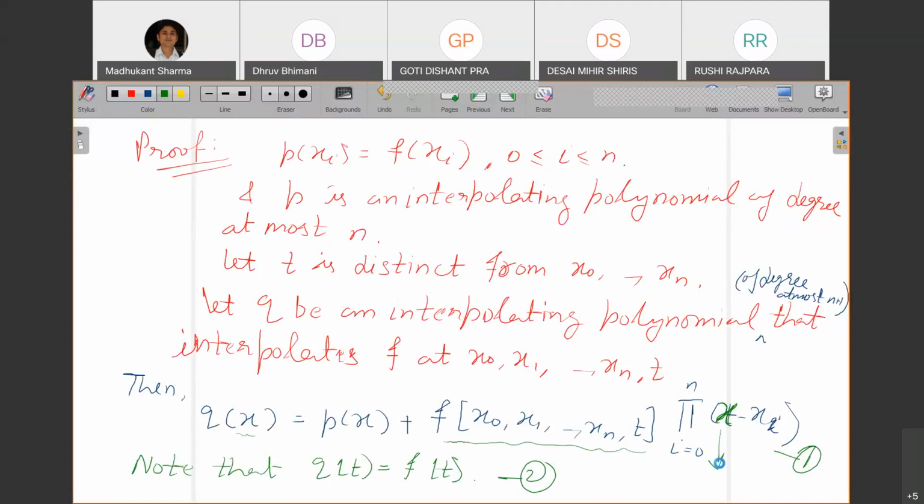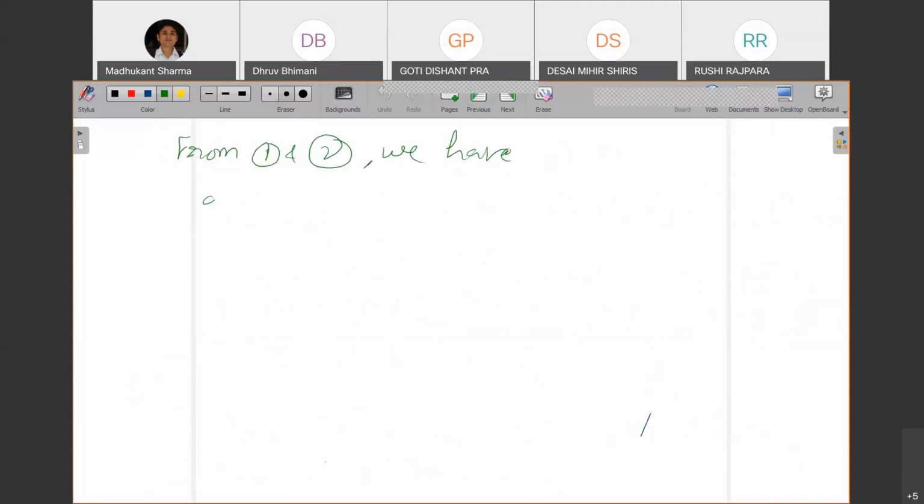What you will get is Q of t equals P of t plus f of x0, x1, and so on xn, comma t, times the product term, which was previously evaluated at x and is now evaluated at t: t minus xi.